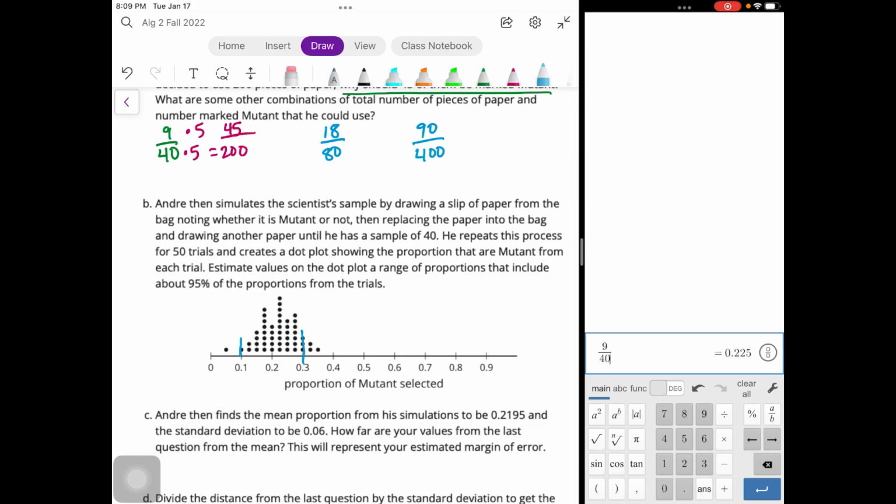That would be about 95% because you have 1, 2, 3, 4 left over there. So that would be, out of 50, about 92%. So that's pretty close.